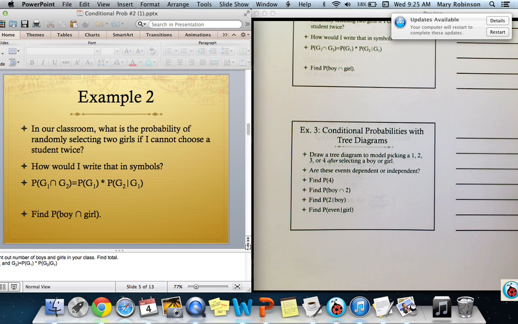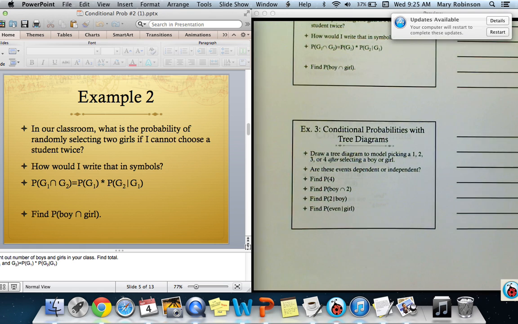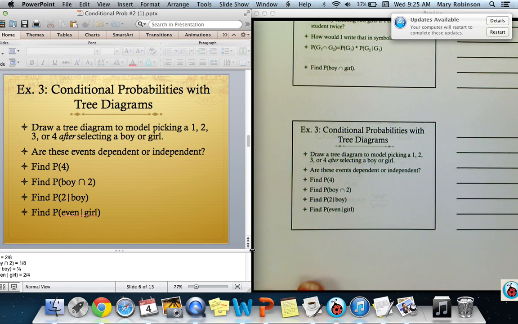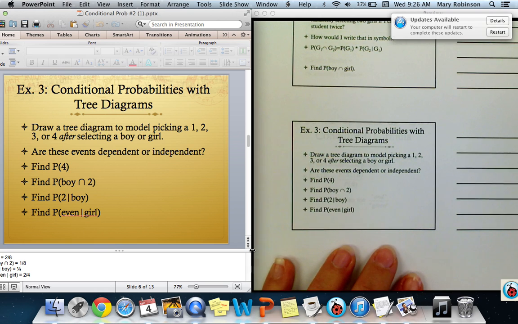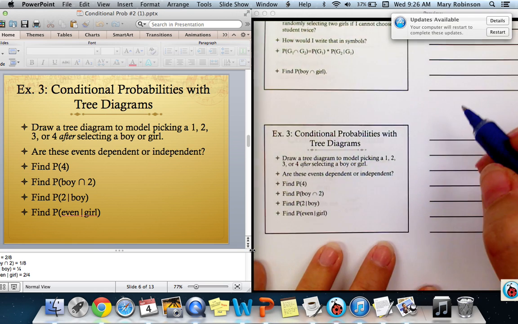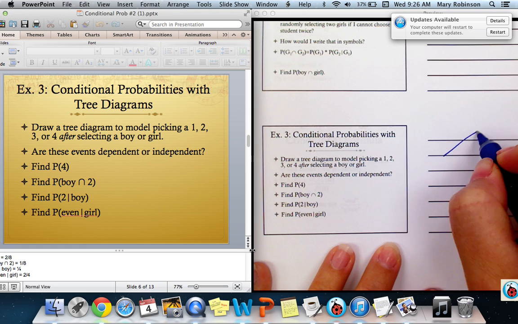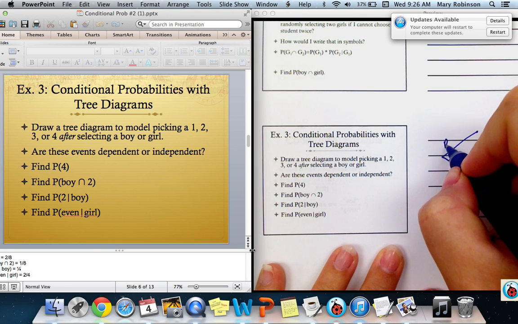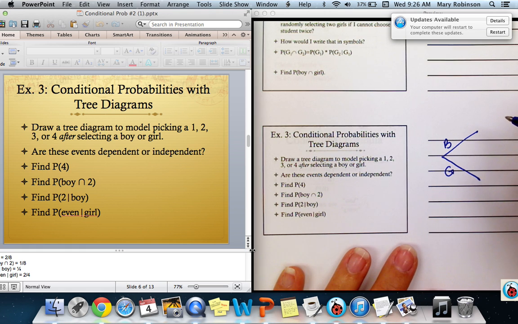Next, let's go ahead and look at example 3, conditional probabilities with tree diagrams. We've already done tree diagrams before. It says to draw a tree diagram to model picking a 1, 2, 3, or 4 after selecting a boy or girl. So let's go ahead and start our tree diagram. Of course we can label it boy, girl.